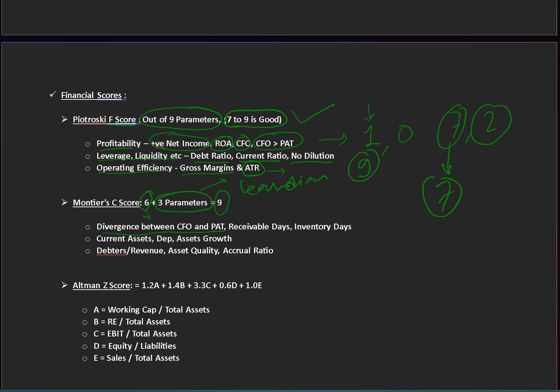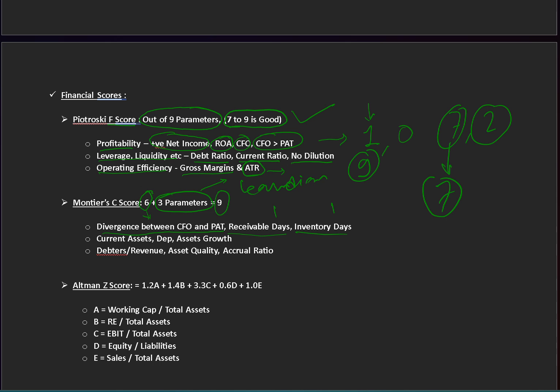So if the divergence is growing between net income and cash flow, it will give 1. Okay. So accordingly, then next is the receivable days. So if the receivable days are increasing, again 1 number. Inventory days. So increasing inventory days also gives 1 point.